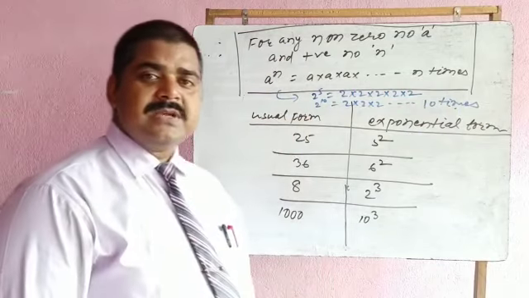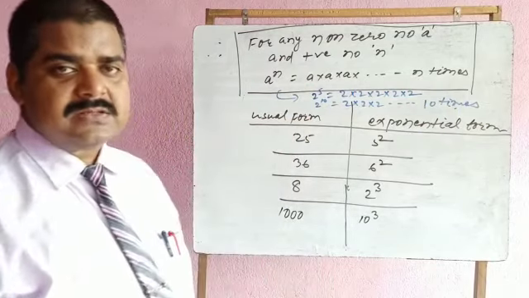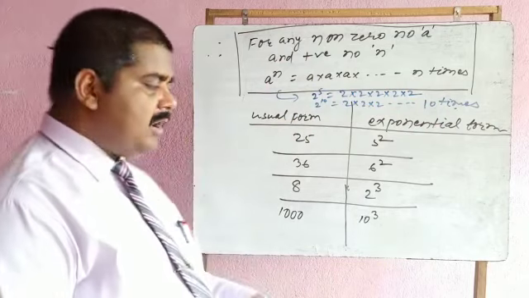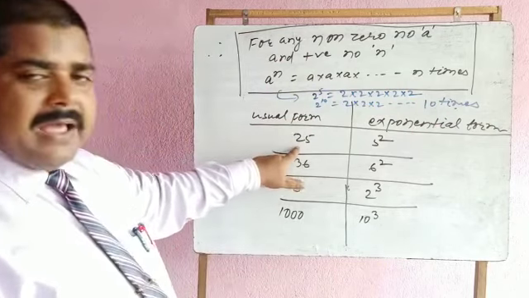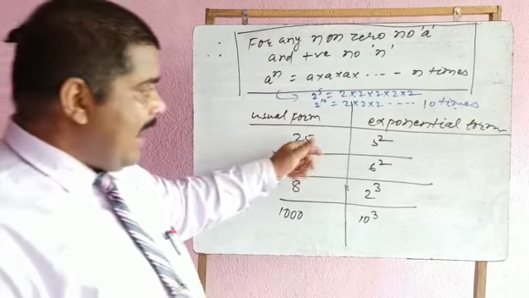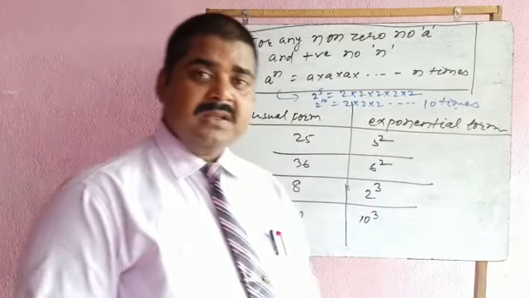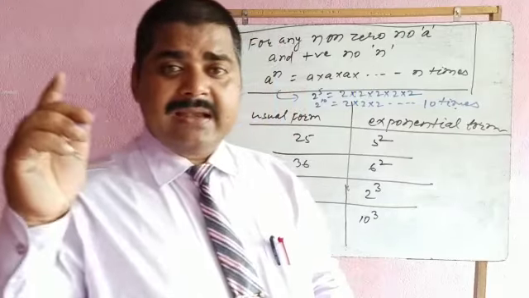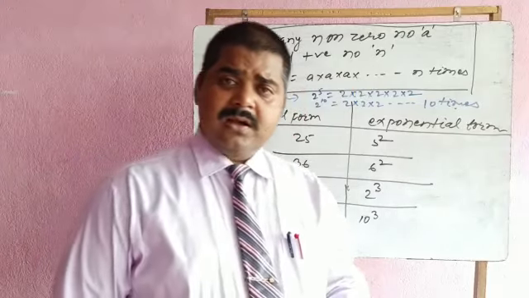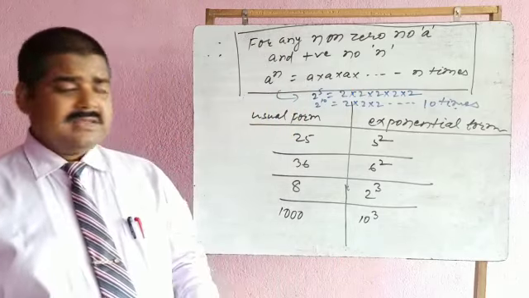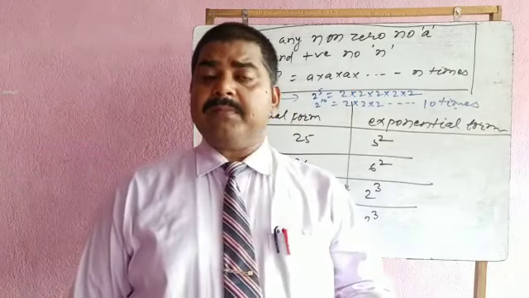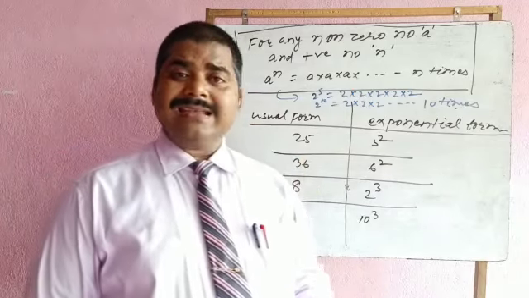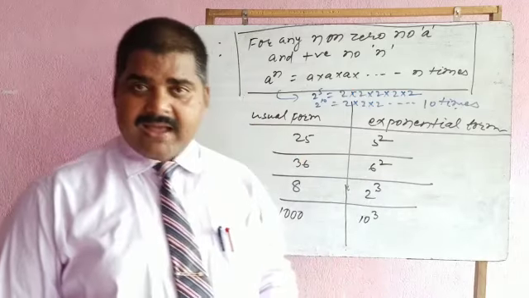I have just discussed two different forms, usual form and exponential form. 25 is called the usual form, and its exponential form is writing the number as a power of some other number. 25 can easily be written as 5 square.